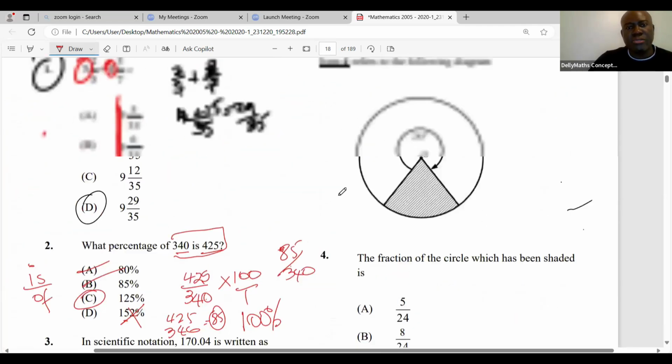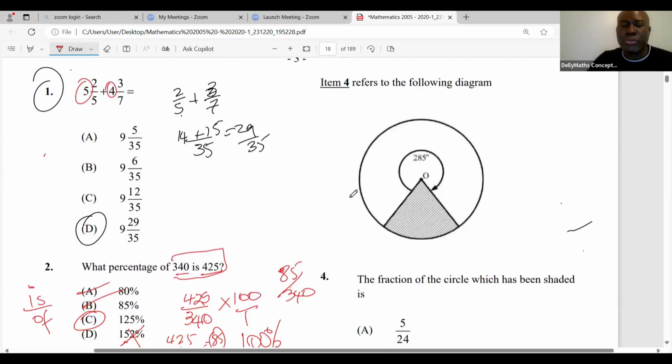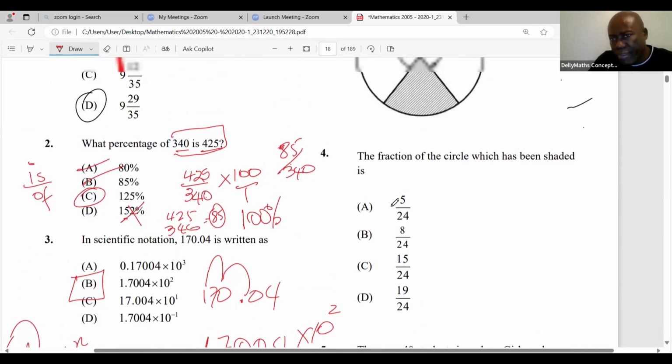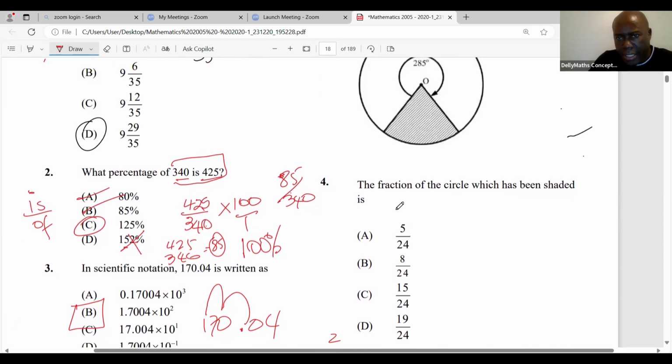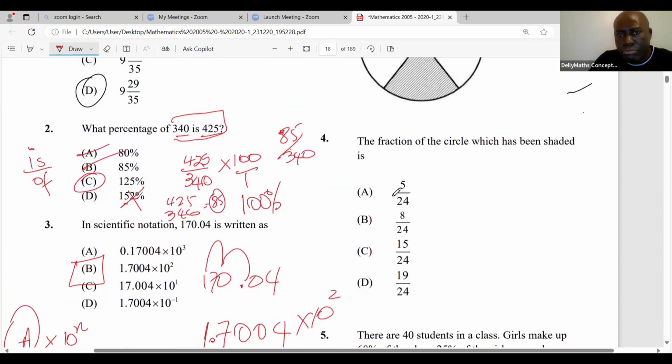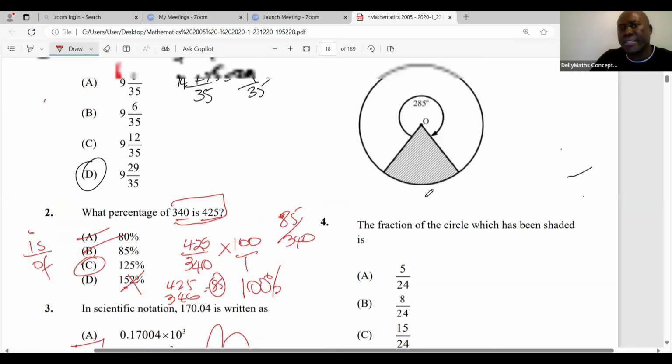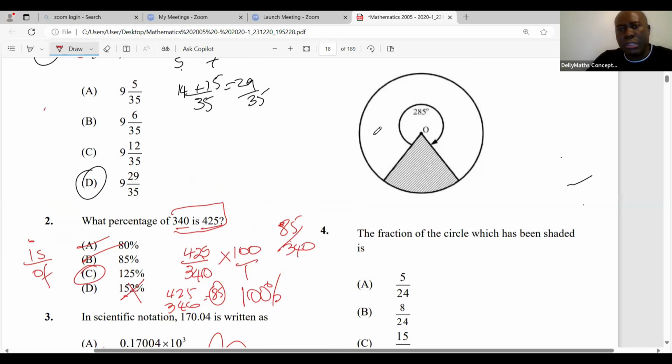So that's question 3. Let us take a look at question 4. Question 4 says, item 4 refers to the following diagram. The fraction of a circle has been shaded, right? So we're looking at what fraction of the circle is shaded. Okay, so they're asking us what fraction of the circle was shaded here.